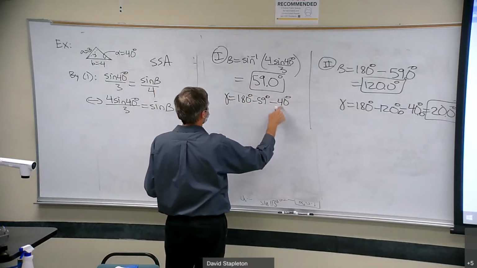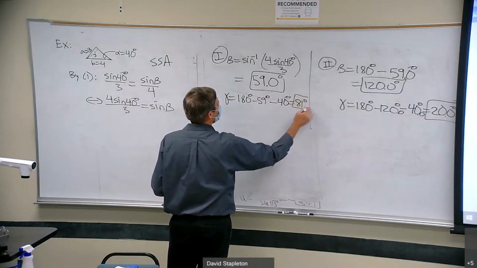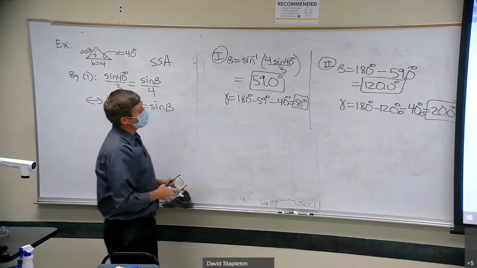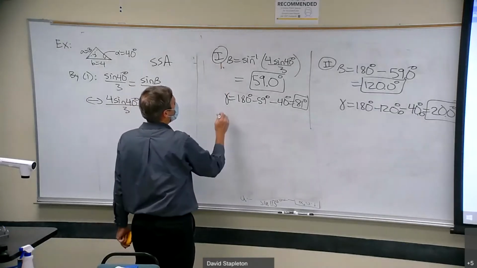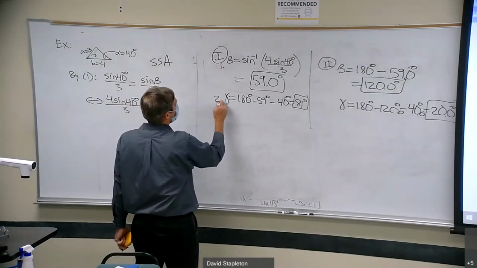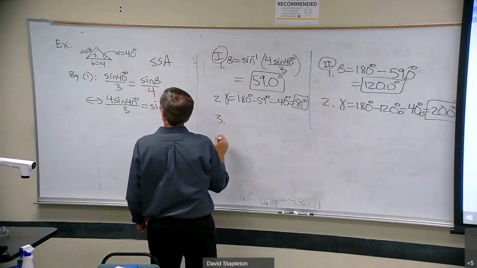Let's see, that's 99 here. We've got 81 degrees. So actually, both cases are going to work. We're going to get two different triangles. And so this is 1, 2, 1, 2.